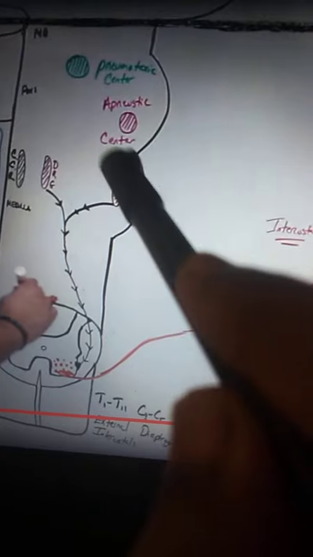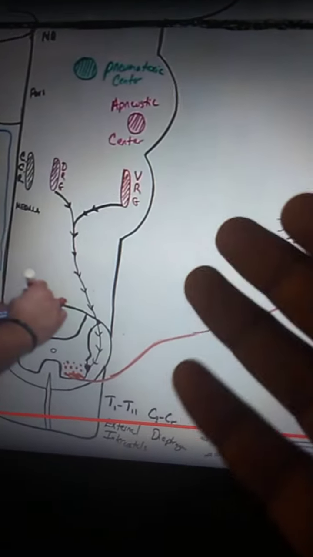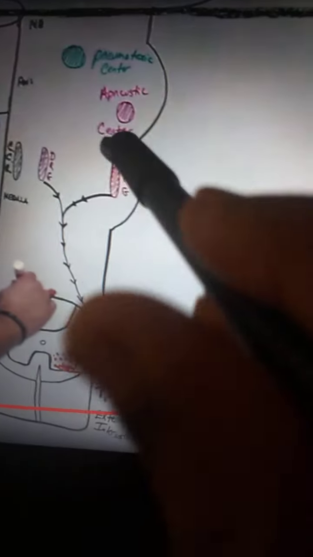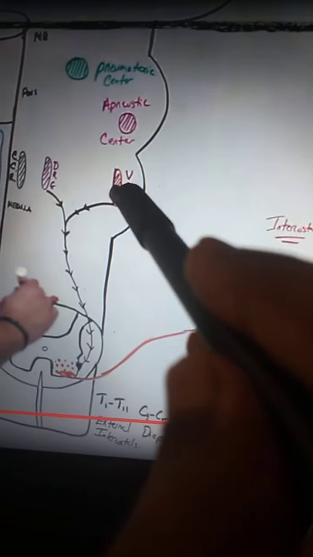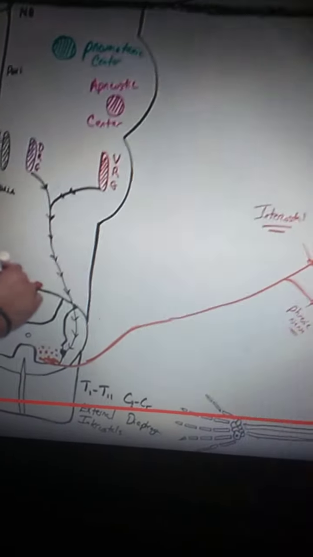Now the ventral respiratory ganglion has four important parts. One is the Botzinger complex, which will control only expiration. Another one is the pre-Botzinger complex.